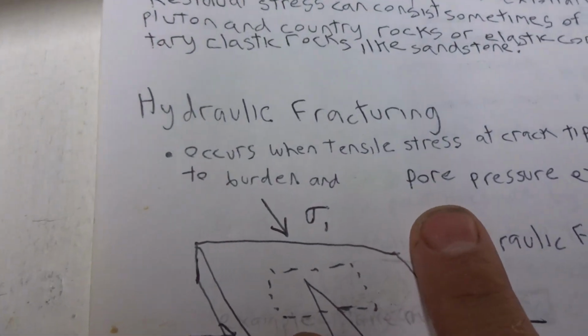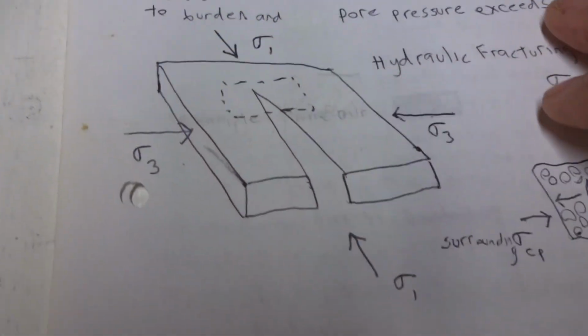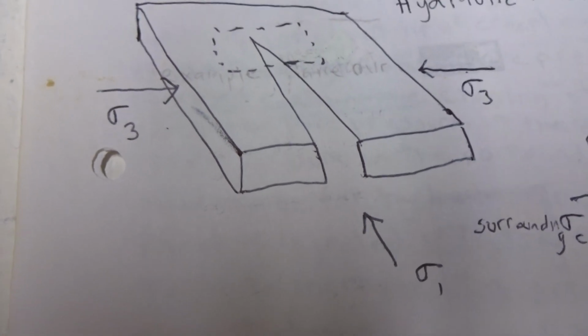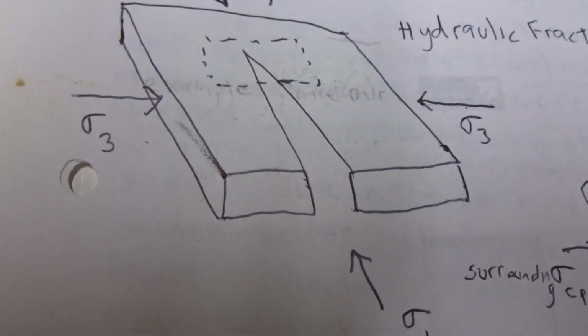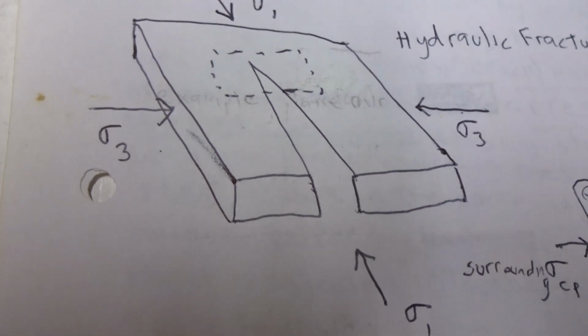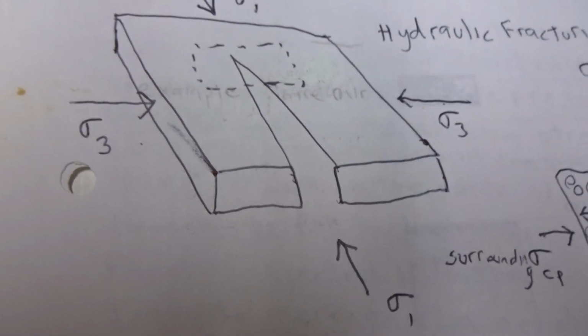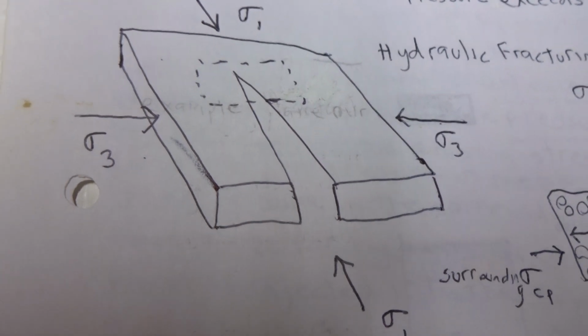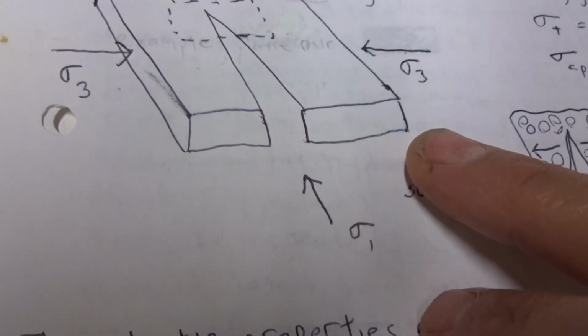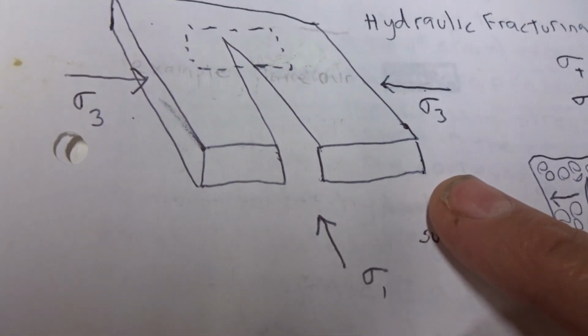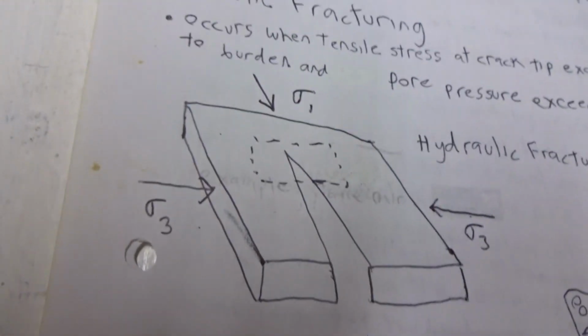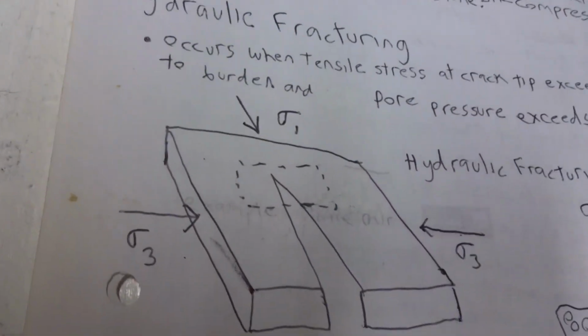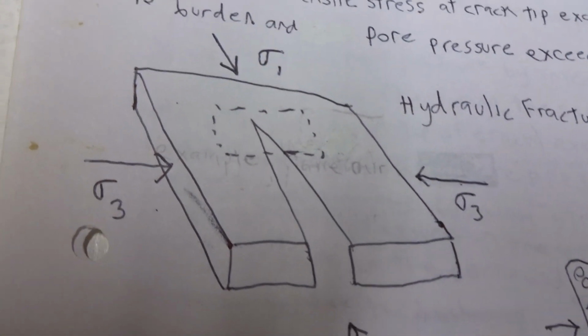Hydraulic fracturing. Hydraulic fracturing occurs when tensile stress at crack tips exceeds compressive stresses due to the overburden, and pore pressure exceeds surrounding pore pressure. Hydraulic fracturing joint. Sigma sub T is tensile stress.